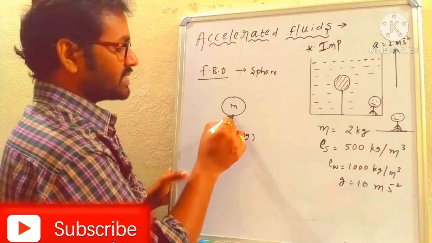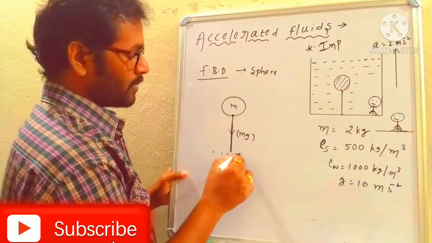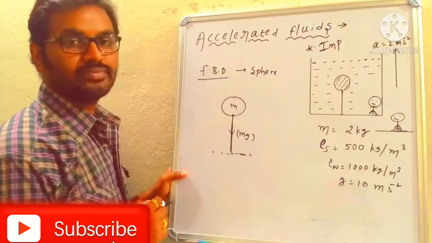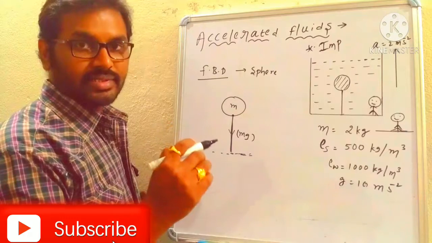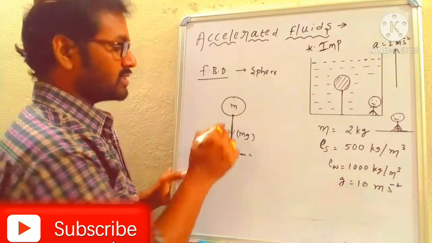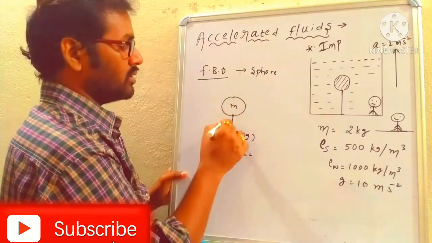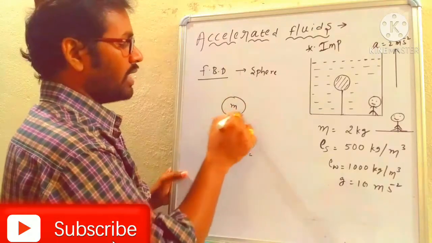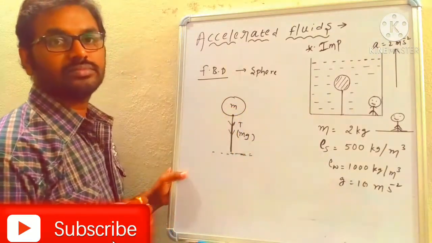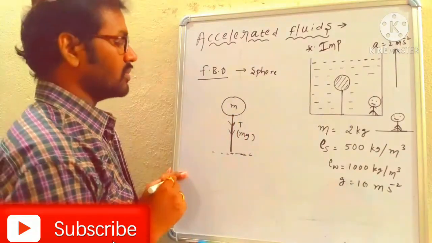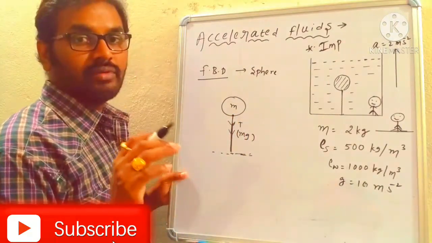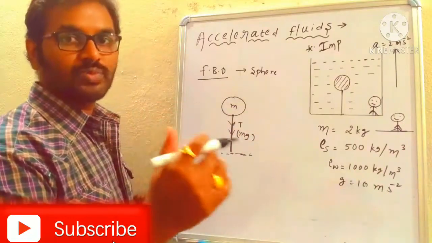Because the string is connected at this point with the bottom surface, the tension always acts away from the point of contact. If you consider this is the body, you need to take the tension away from this body. Tension never pushes the object. Tension always pulls the object.